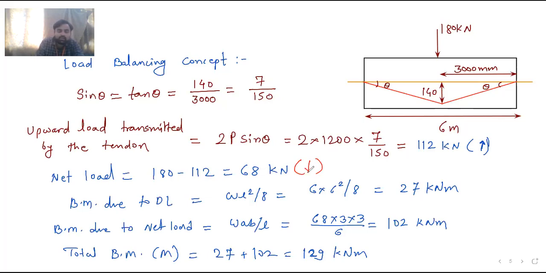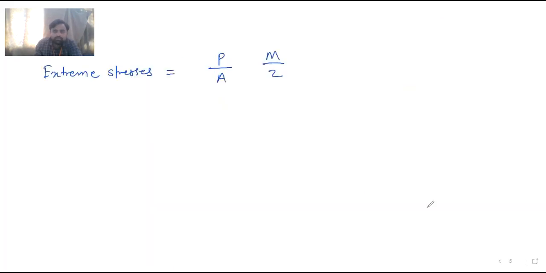So this is downward. But what does downward load mean? Your beam is like this, and if the load is applied downward, then it will sag. What will happen to the beam? It will sag like this. Okay. So compression is at top and tension is at bottom. So at top it is plus, tension is at bottom. So at bottom it is minus.